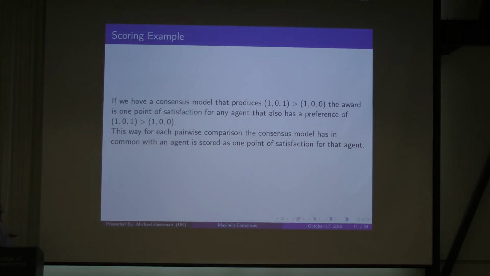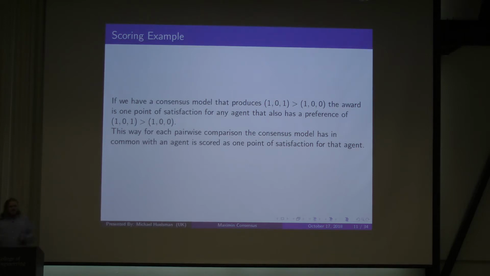So we have that comparison. What that means is each agent is awarded 1 point of satisfaction if they also have that same comparison, right? So this means that the more comparisons that the joint model satisfies for each agent, the higher that agent's score.